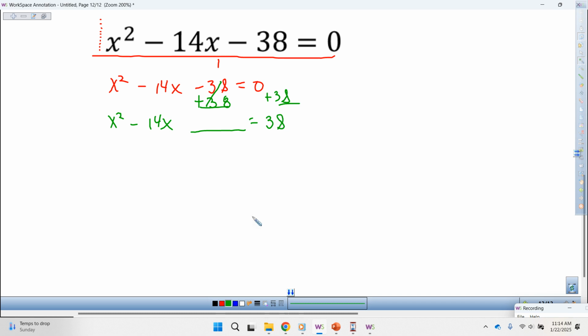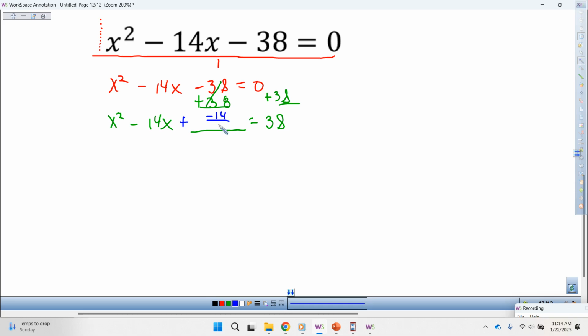All right, next. Step 4, complete the square. We need to add what to complete the square right here? Tell your neighbor. What do we add to complete the square? Edwin, what do I add to complete the square right here?